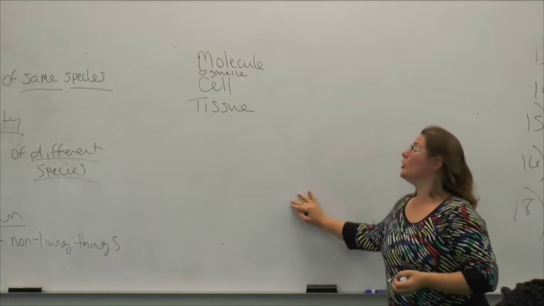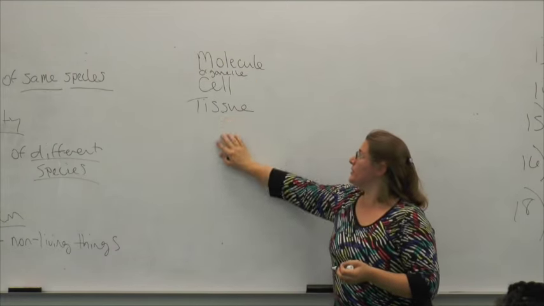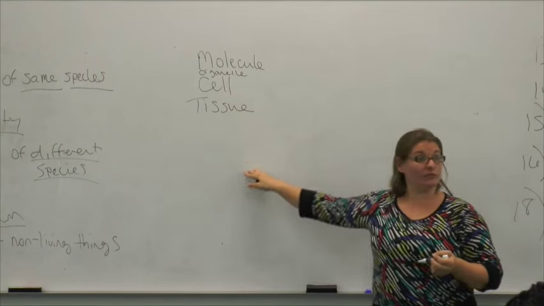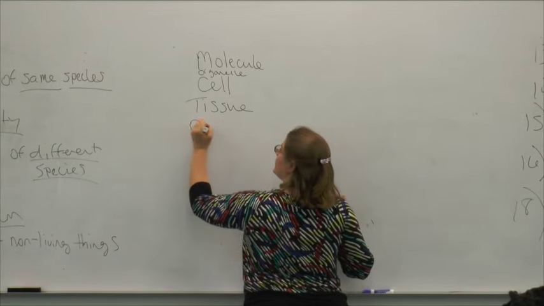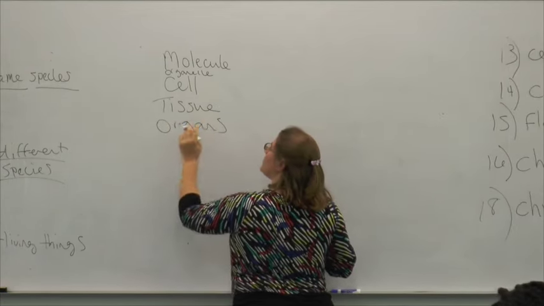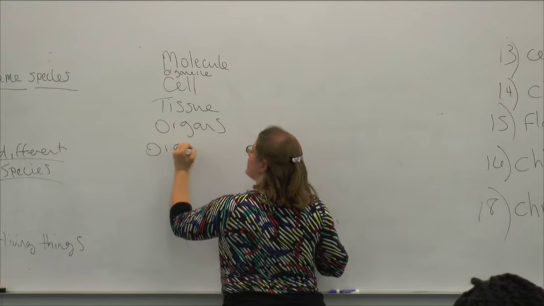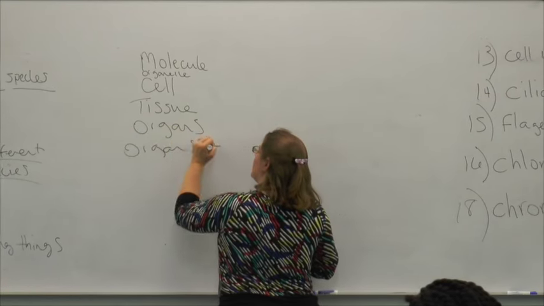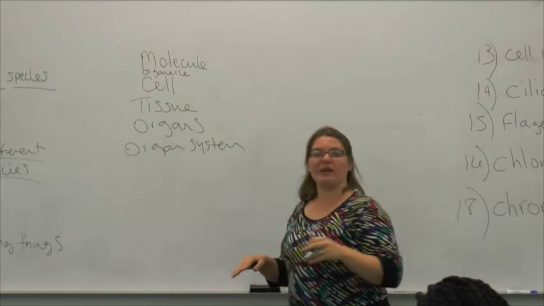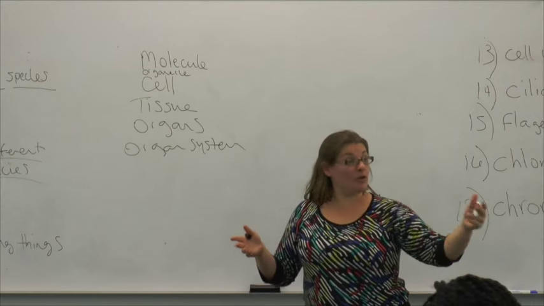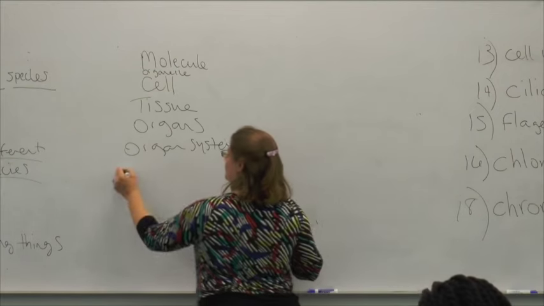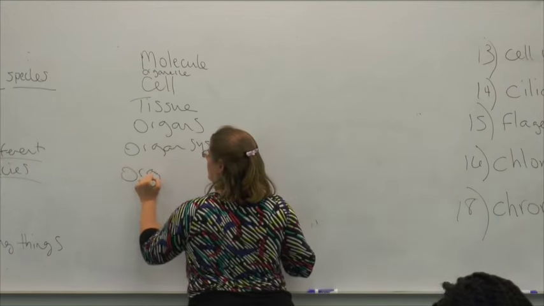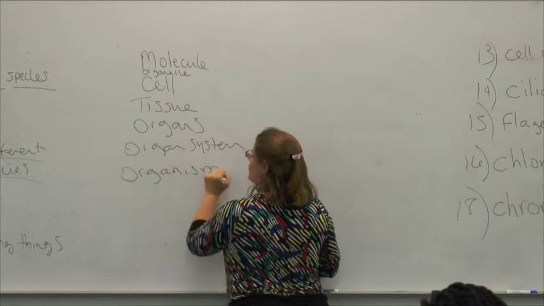Okay. But working our way up, tissues make up what? Organs. And organs make up organ systems. And organ systems all together make an individual organism. Okay? Organism.